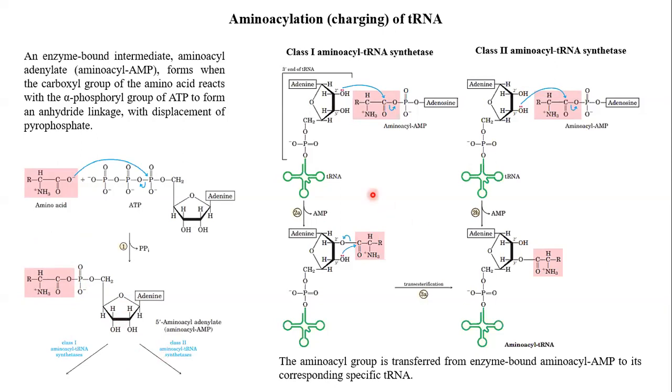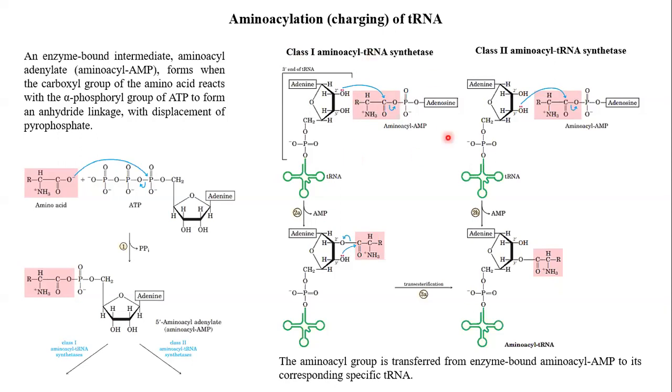Then in the next step, there are two mechanisms based on the class of enzyme. Amino acyl transfer RNA synthetase enzymes are of two types, class 1 and class 2. So this is the mechanism for class 1 and this is the mechanism for class 2. So for the class 1 amino acyl transfer RNA synthetase enzyme, what happens?